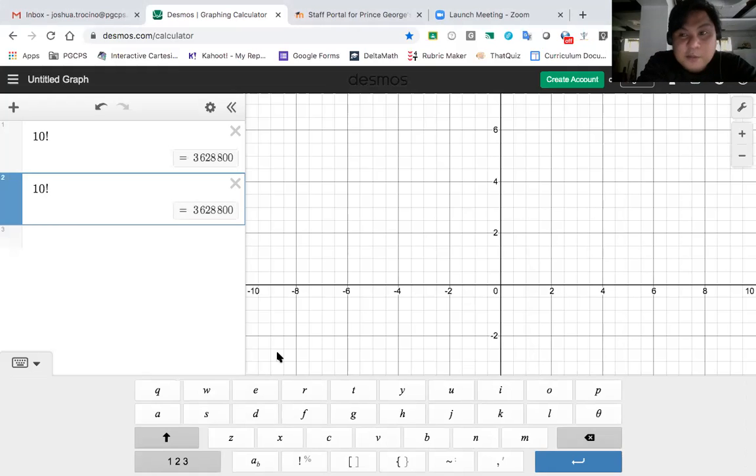Now, what if you also don't have Desmos? Because let's say during this time you didn't have online access. Well, we have another way of doing this. We can use phones.